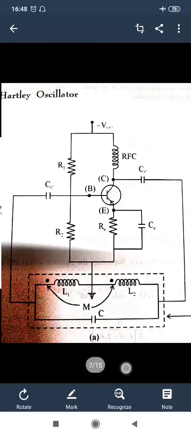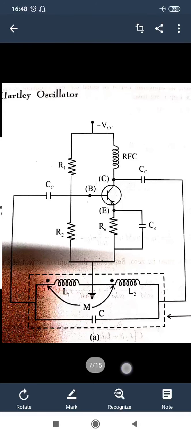So in the tank circuit, oscillations are generated at the desired frequency, and the voltage produced across L1 is applied to the base-emitter junction of the transistor and amplified. The amplified output from the collector terminal is fed back to the base tuned circuit to compensate for the losses in the circuit, and we take the output across the inductance coil L2.